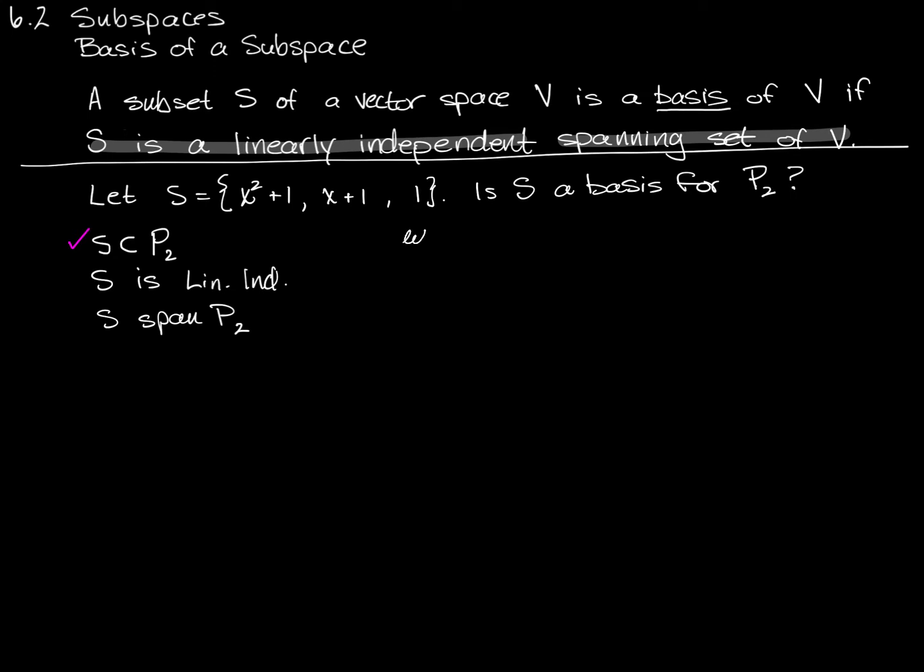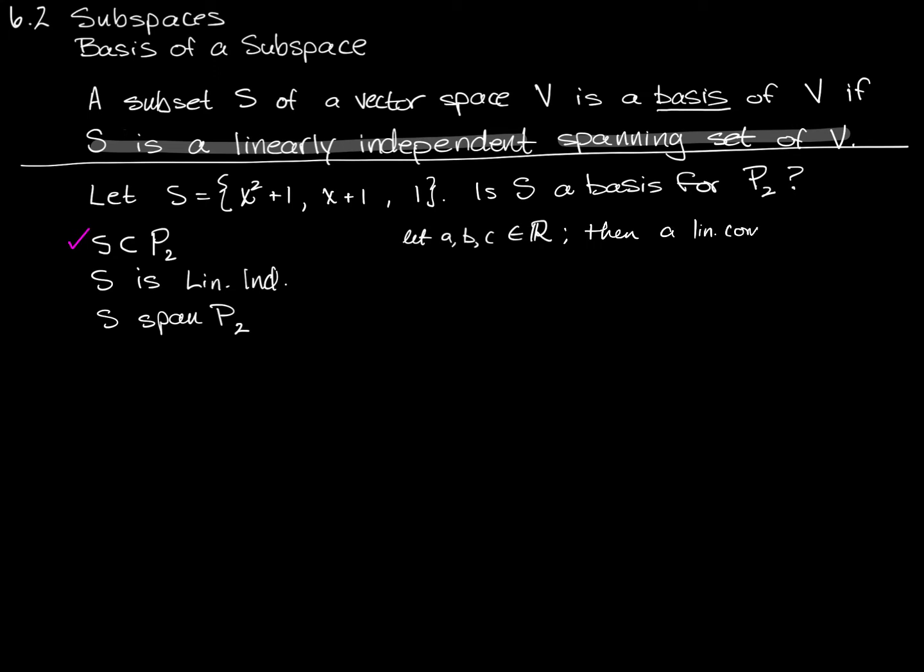Let a, b, and c be in the real numbers. I can do this because I'm scaling vectors in a vector space, and I haven't been told otherwise, so that means that my scalars are coming from the real numbers.